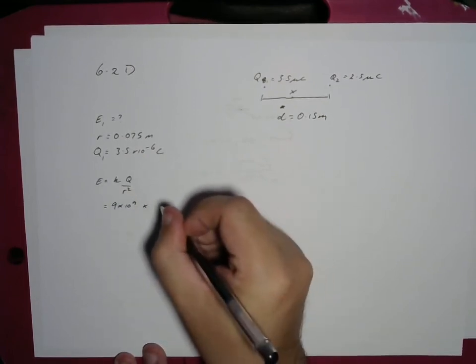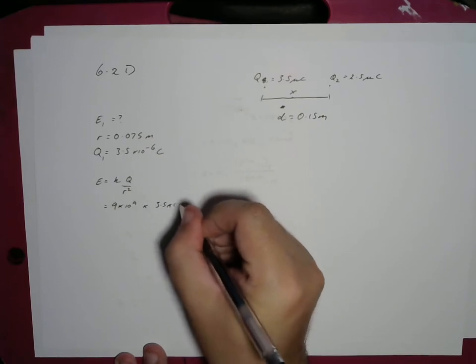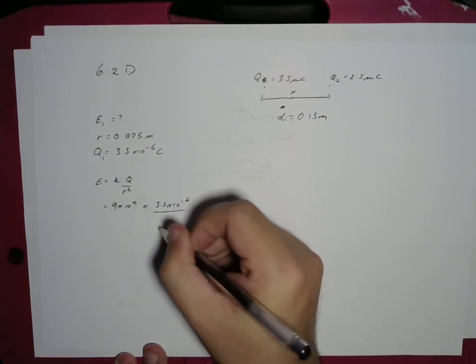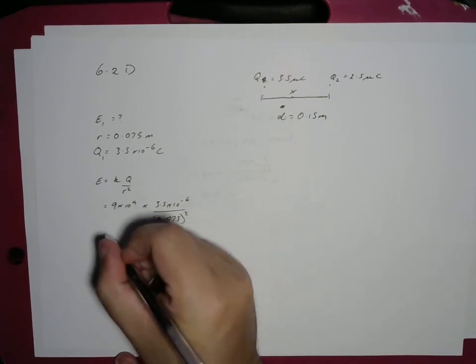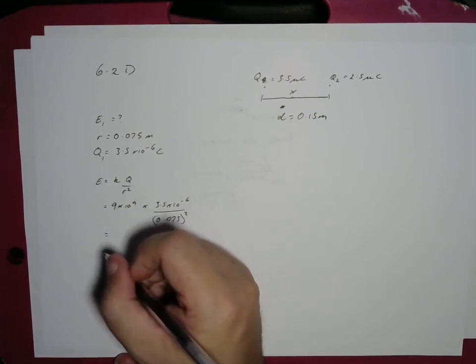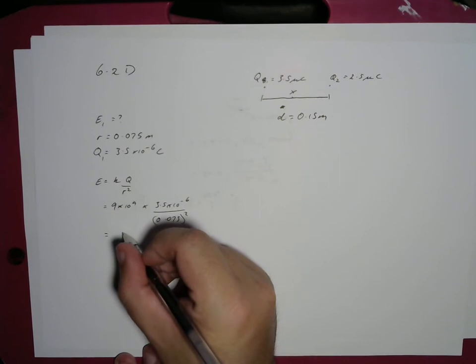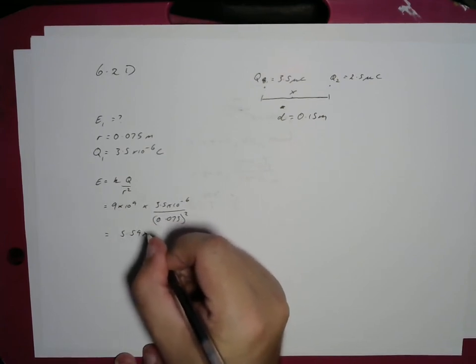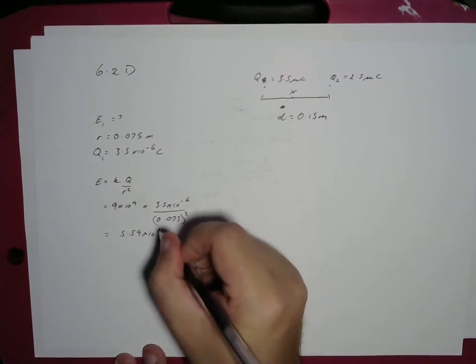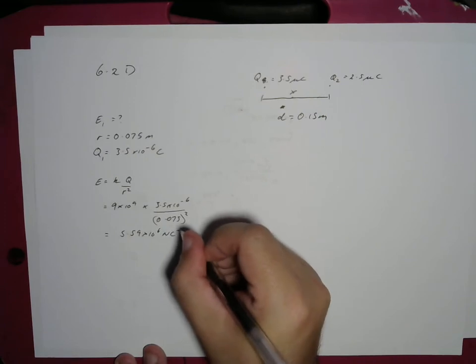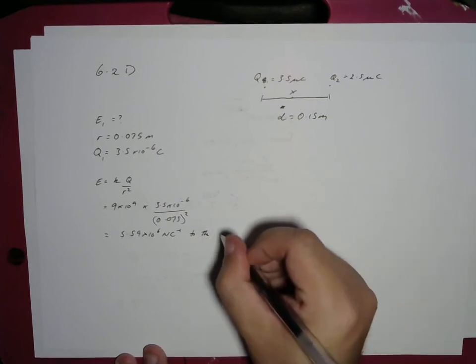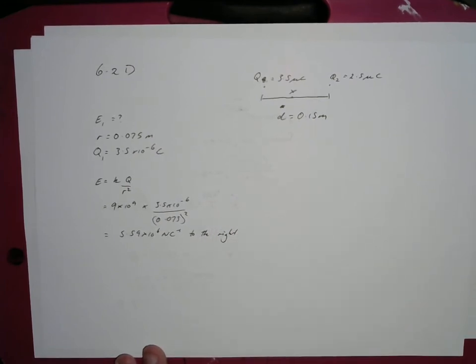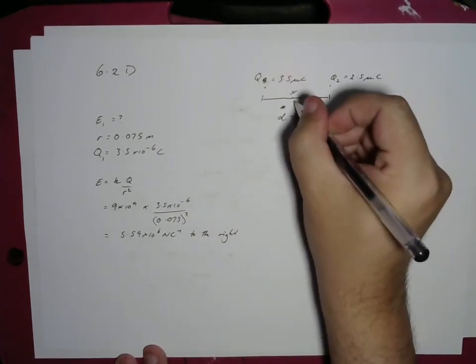We substitute those things in: 9 times 10 to the 9 times 3.5 times 10 to the negative 6, divided by 0.075 squared, will give us an answer of 5.59 times 10 to the 6 newtons per coulomb, to the right.